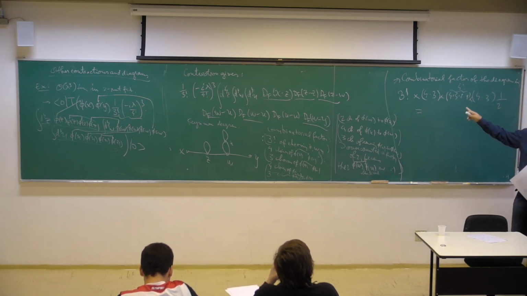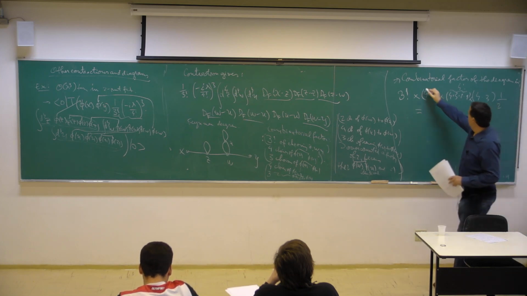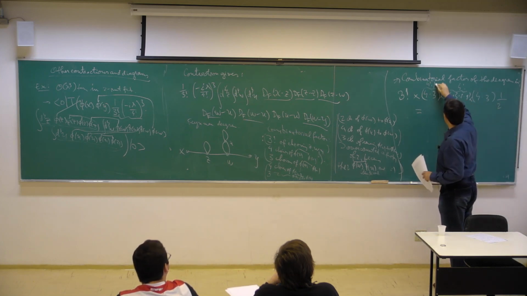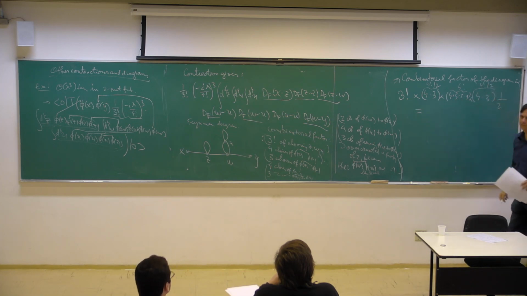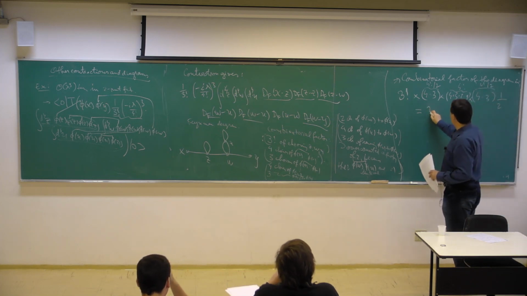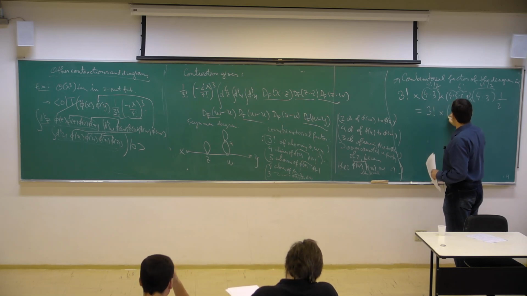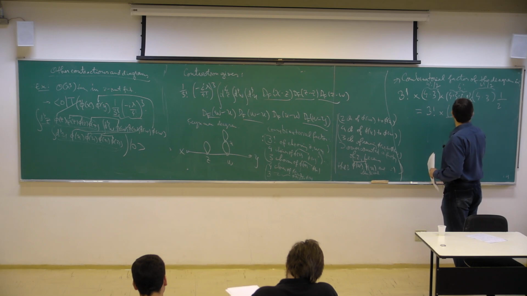I get almost 4 factorial 3 times, because this is 4 factorial over 2, and this is also 4 factorial over 2. Right? So this is 3 factorial times 4 factorial cubed divided by 2 to the 3. Okay?